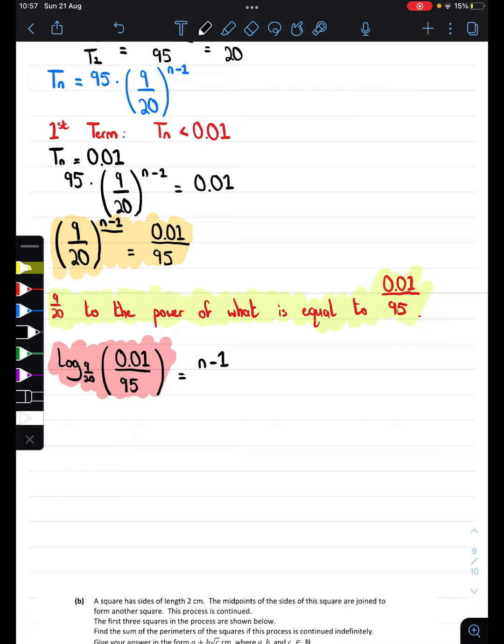And so then if we just plug this logarithm into a calculator, we get 11.47. Okay, so that means that n equals 11.47 plus 1, n equals 12.47.